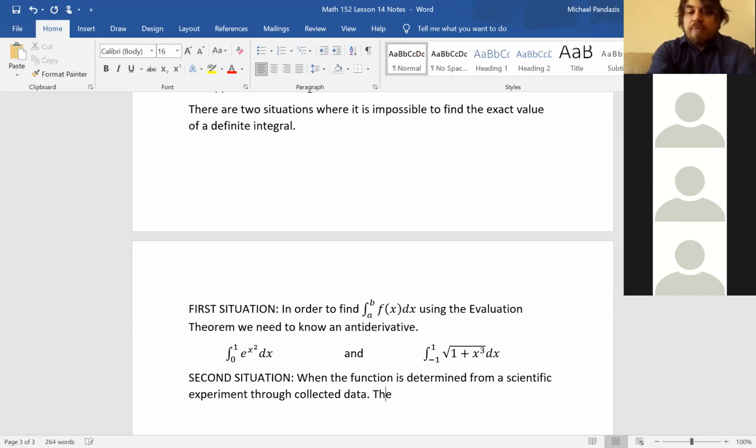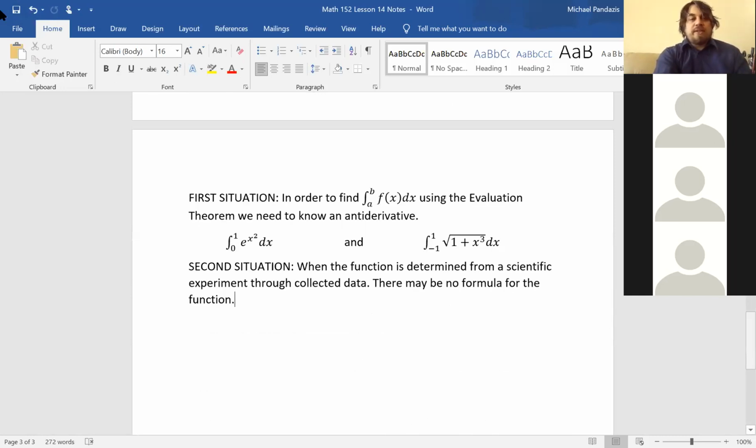So there may be no formula for the function. You may not have a distinct formula that tells you the values of the function, because you just wrote down data that you found, right? And so you have a table or you have a function that represents the data you collected, but you don't have a formula, which means you can't integrate.